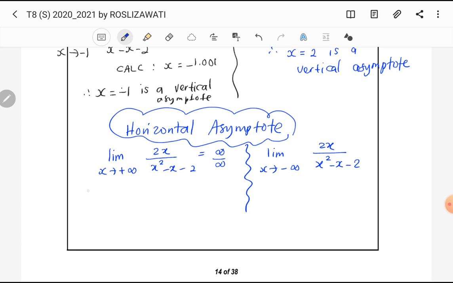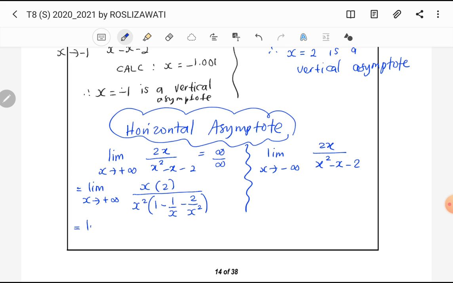Okay, and then we need to factorize. Okay, the highest x for numerator x lah. Okay, so tinggallah 2. Divide by, we take out x squared. Okay, so we have 1 minus 1 over x minus 2 over x squared.